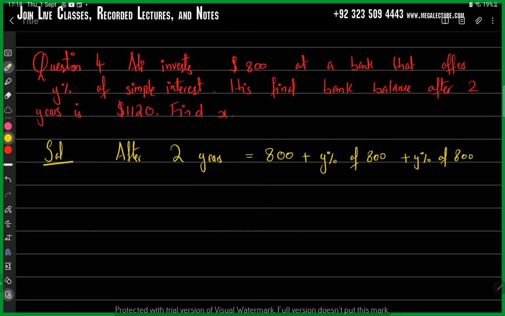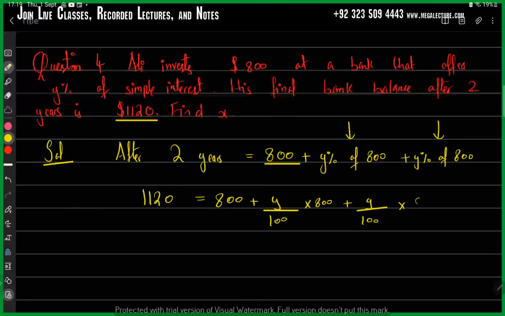This is how we calculate the final amount. It's going to be the initial amount plus the interest of first year plus the interest of second year. Now, after 2 years, he has 1120 in his bank. So 1120 in his bank, and this thing is equal to 800 plus y percent multiplied by 800 plus y percent multiplied by 800, and this is basically y.